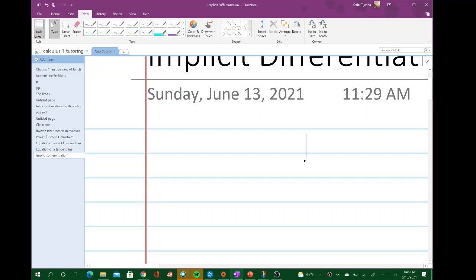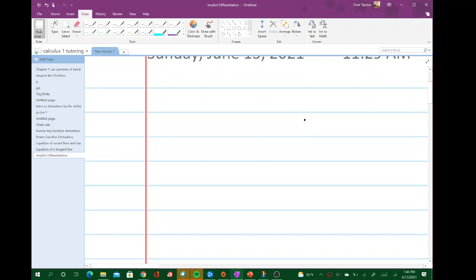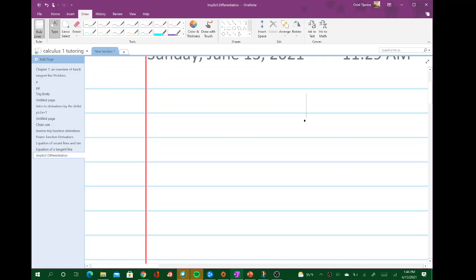But now implicit differentiation means that we have a function in terms of x and y, and we want to find the derivative with respect to x of that.